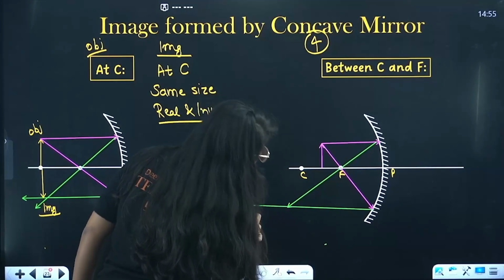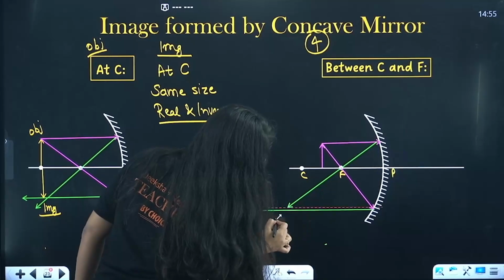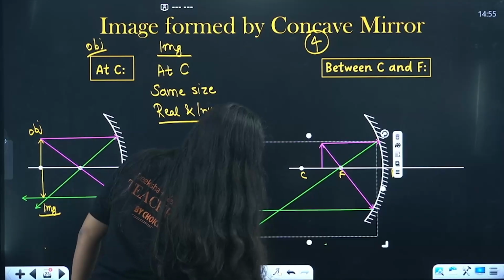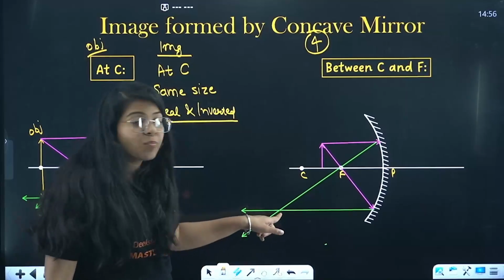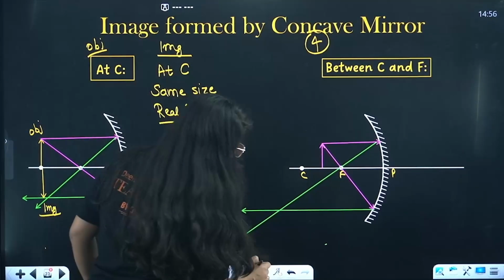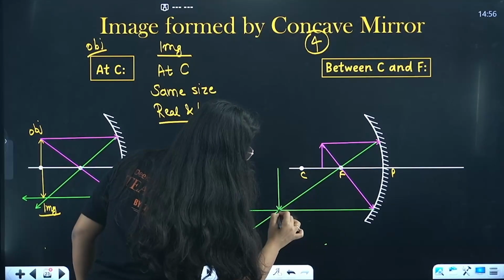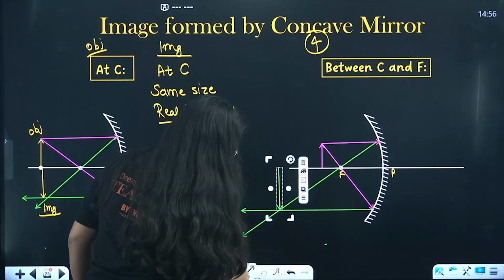Okay, and if you just extend it a little bit, yes, this is the point where these two rays are meeting, and hence this will be your image.